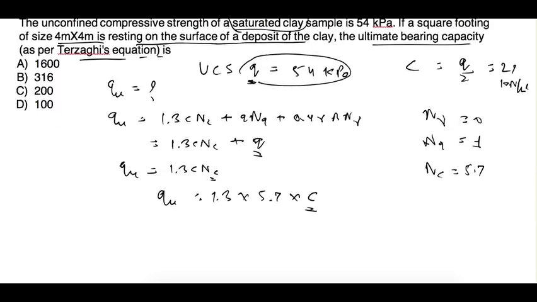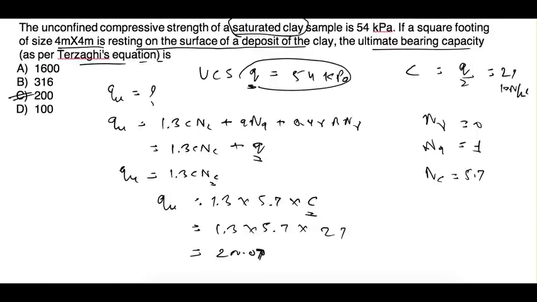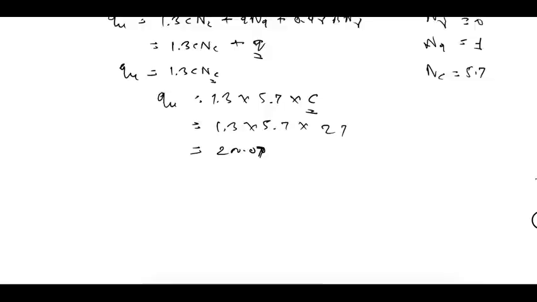We can simply put this value here, 1.3 into 5.7 into 27. So from here it comes to 200.09 or 200.07, which is almost equal to 200. So this is the answer here. After that, let's see one more question.